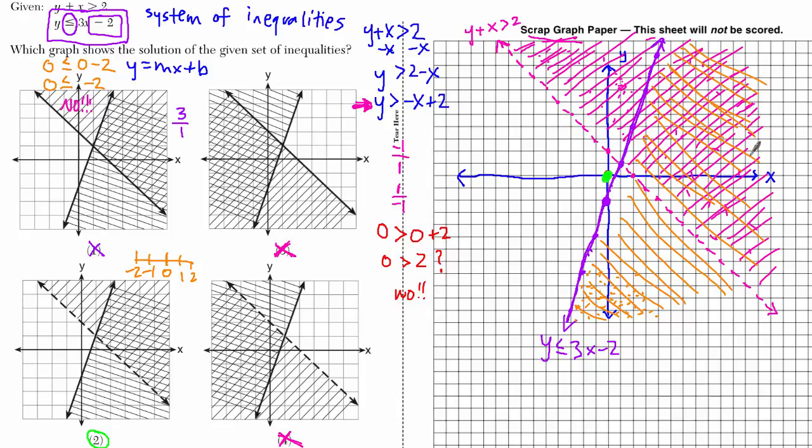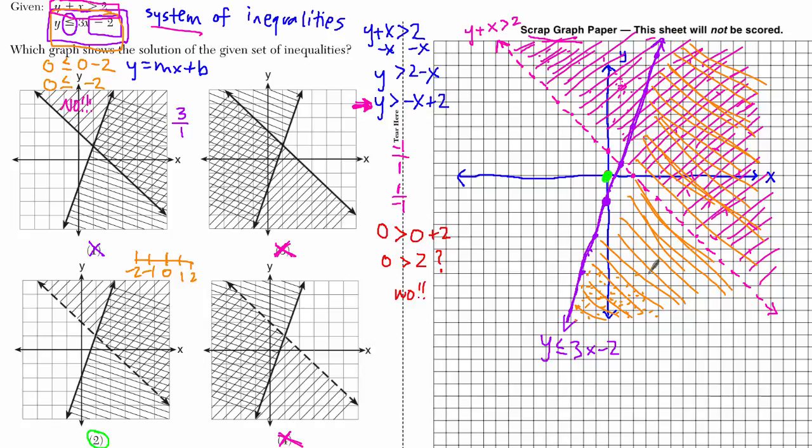Okay, so the orange represents the solution set of this inequality, and the pink represents the solution set of this inequality. And when we're talking about the solution set of a system of inequalities, we have to consider where the two regions overlap.